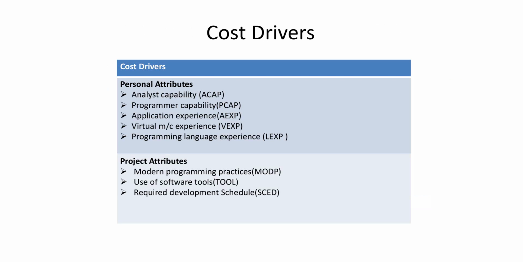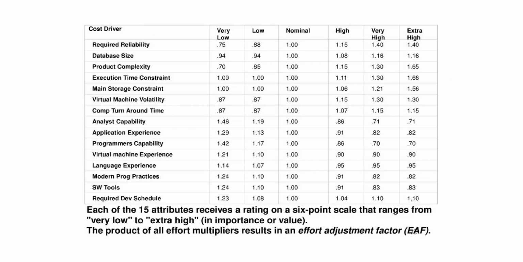So what we do is all these cost drivers are rated based on six parameters from very low to extra high, and these values are already fixed. Okay, these values are already fixed.